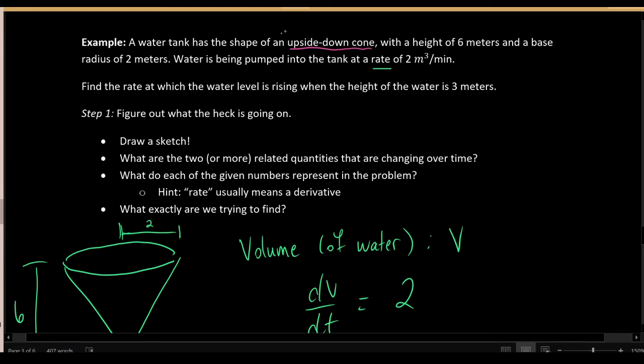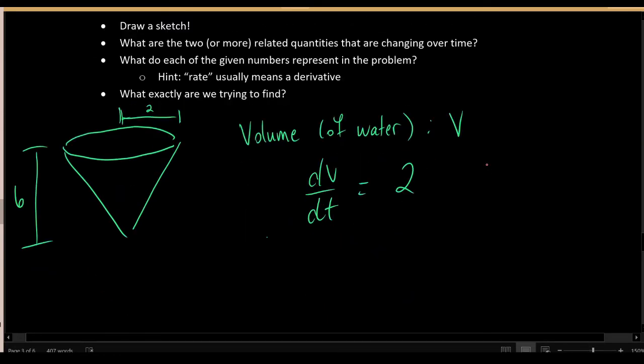Find the rate, so here's another important signal, because they're about to tell us another quantity in this problem which is changing over time. Find the rate at which the water level is rising. So the second related quantity that is changing is the water level in the tank.